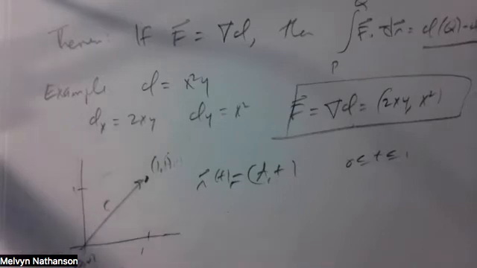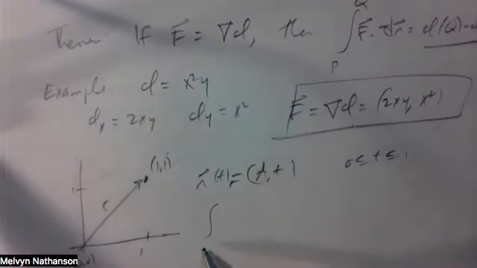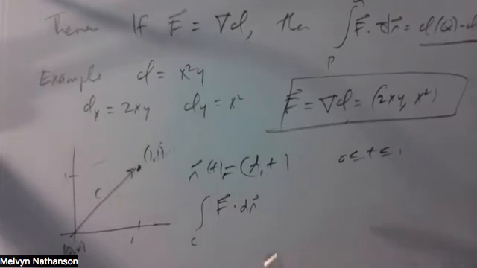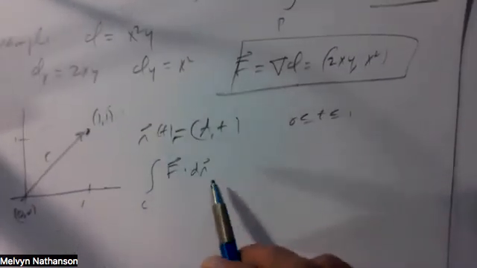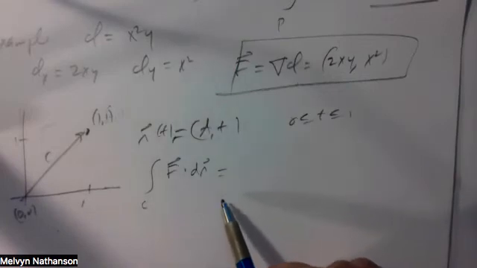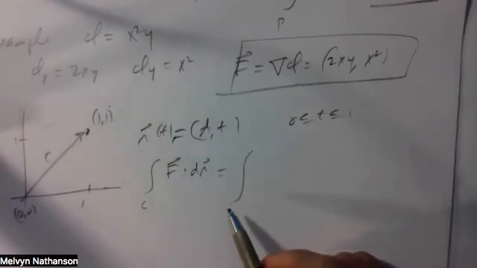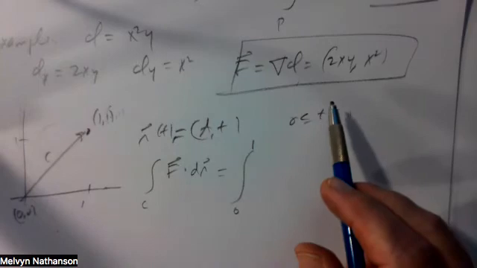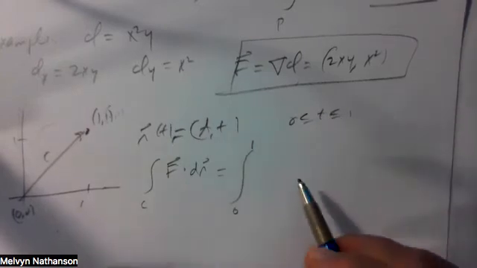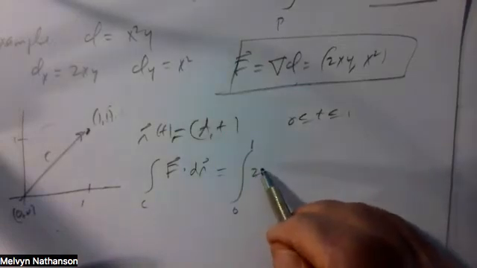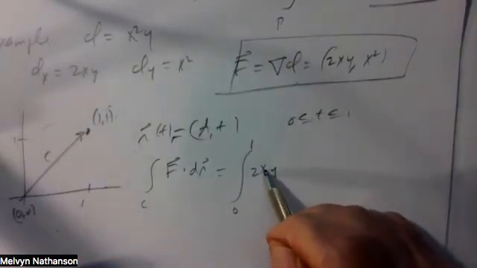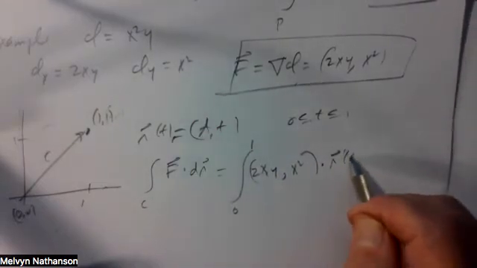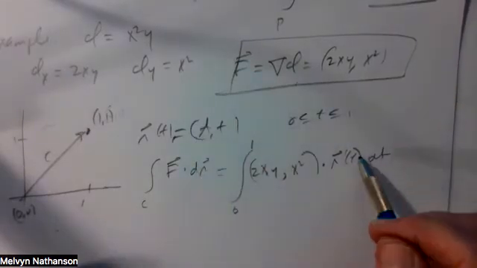So let's try to calculate the integral along this curve of f dr. So this should be the integral from 0 to 1 of (2xy, x squared) dot product with r prime of t dt. Well, r prime of t is (1, 1).